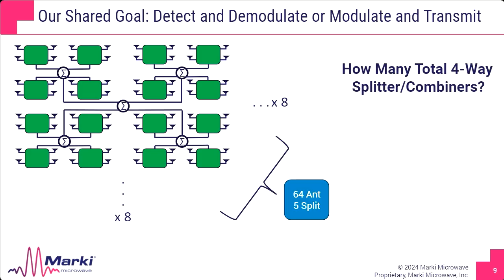So in this example system, how many total splitter combiners are needed? Well, the subsection shown here has 64 antennas and uses 5 splitter/combiners. So let's just see what the full array would look like if we package all of this up into this smaller blue square.